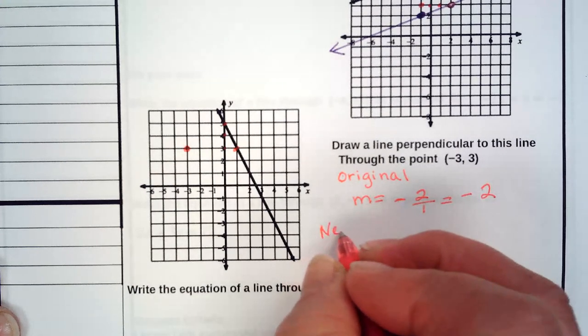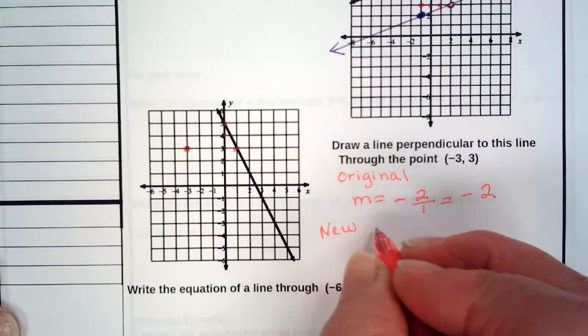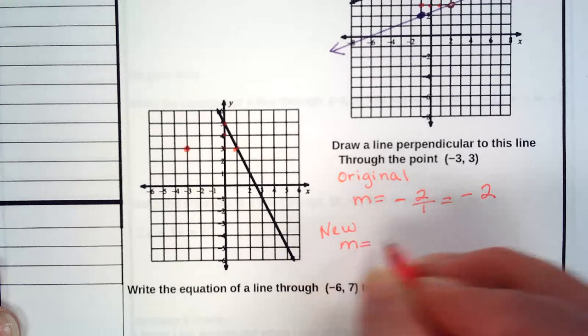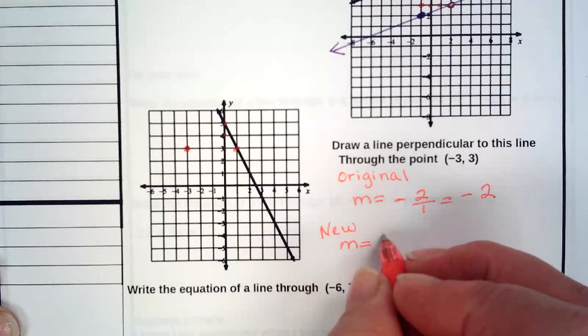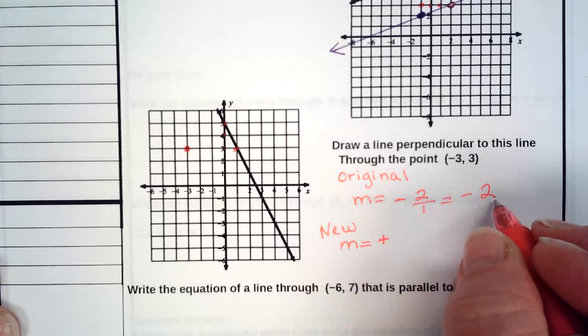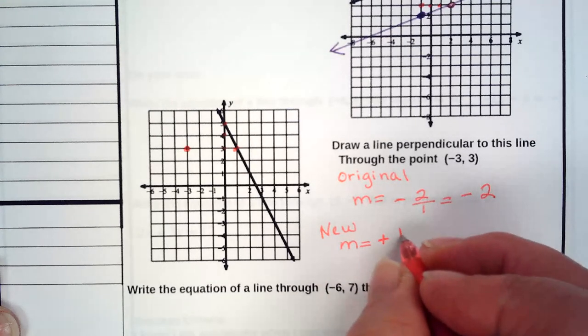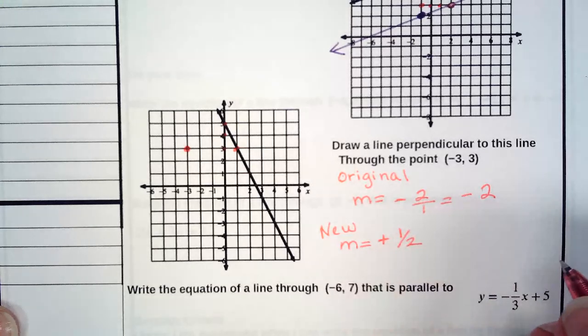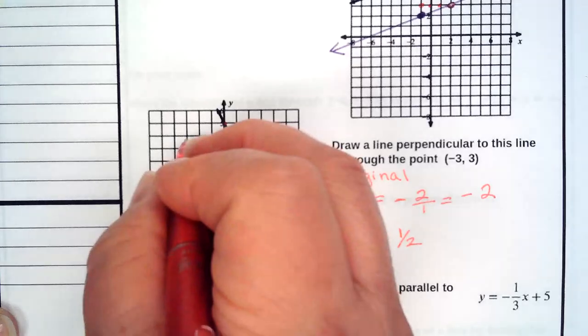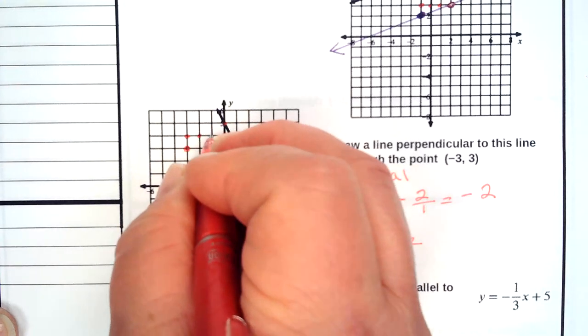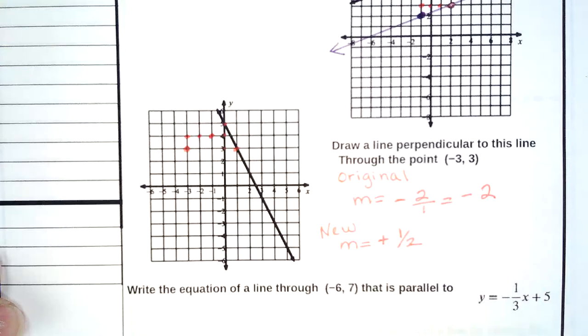For my new slope, it's negative, so the opposite is positive. 2 over 1 becomes 1 over 2. Go up 1, go right 2. I now have 2 points.